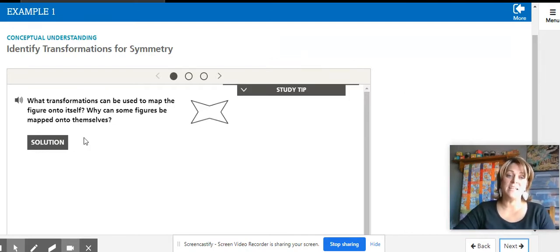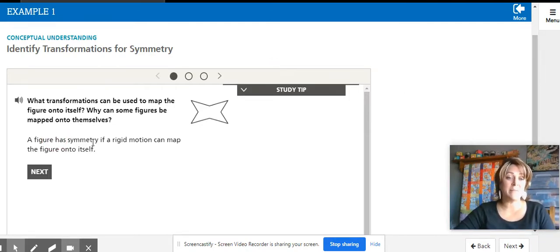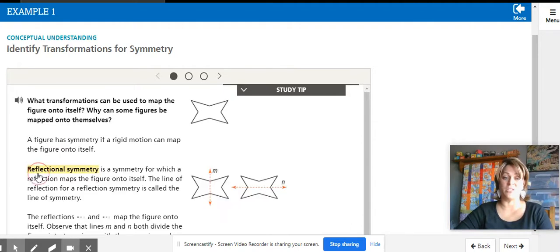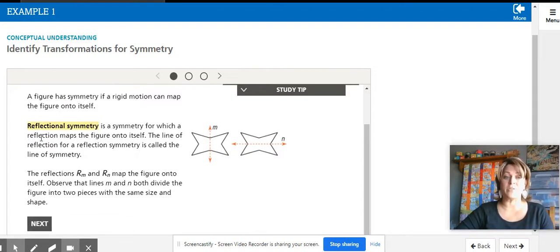So this one is going to talk about symmetry, or a rigid motion onto itself, and it gives examples of reflectional symmetry. This is one of those vocab words you need to know. So reflection symmetry: if I put a mirror right here and reflected this over the other line, it would be like nothing happened. You can't even see it.